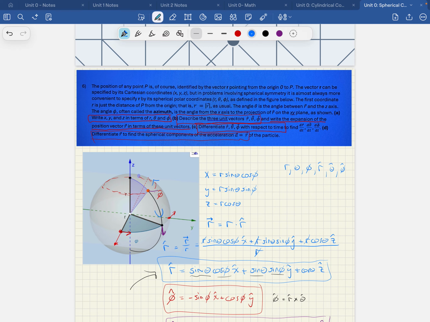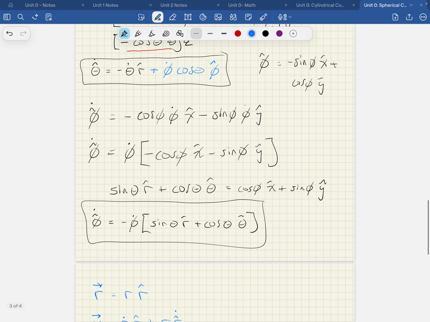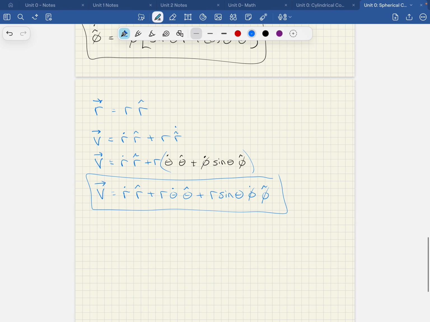But when phi is increasing, we're not moving around a circumference of the big sphere. In fact, the smaller theta is, the smaller the circle is we're moving around. So r sine theta is the radius of the circle that we're moving around, and this is still just r omega, where omega tells us how quickly the angle is changing, and r is the radius of the circle that we're moving around.